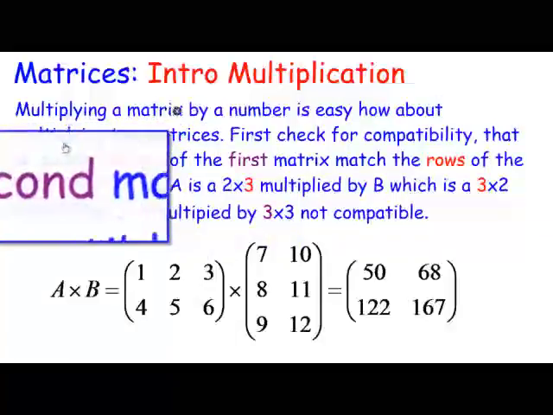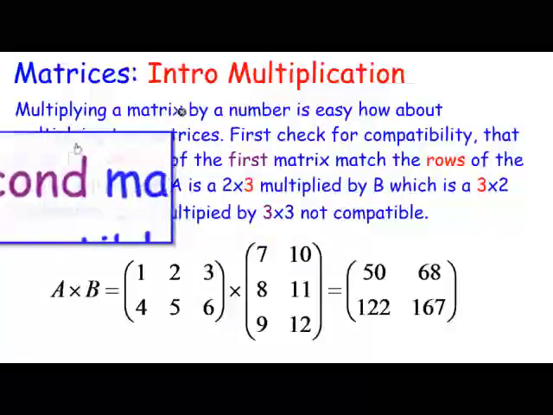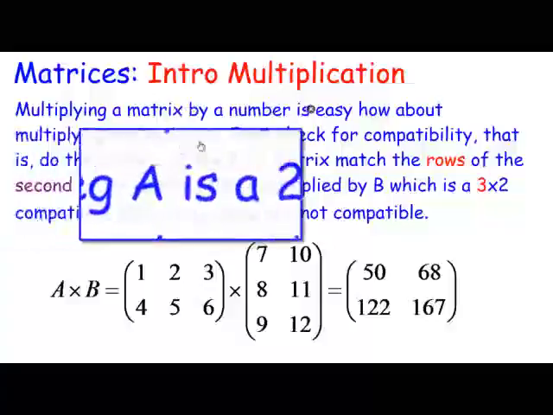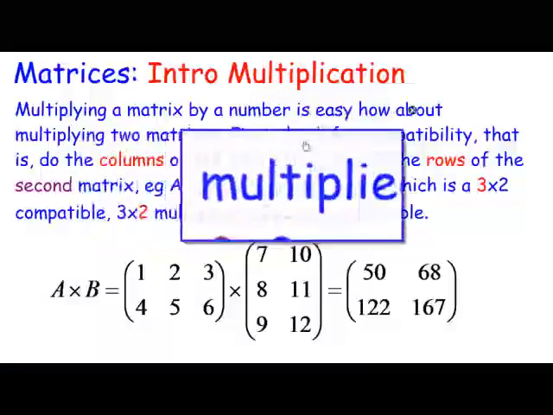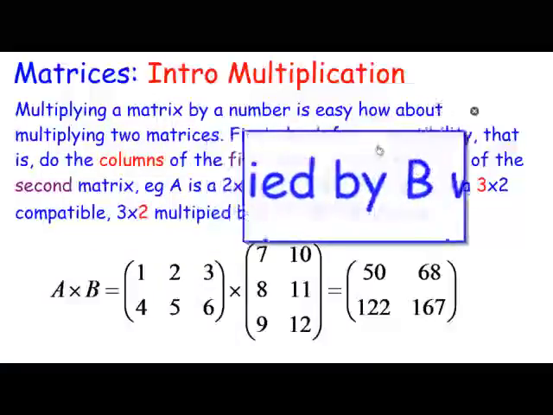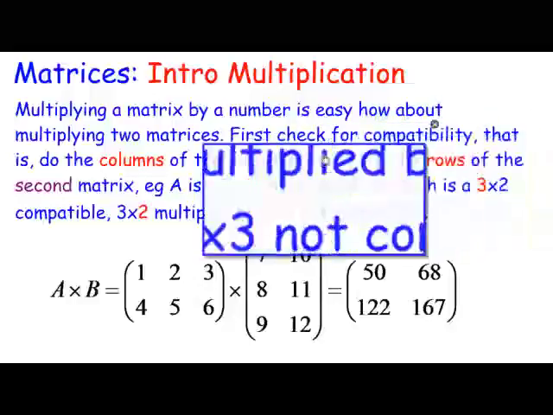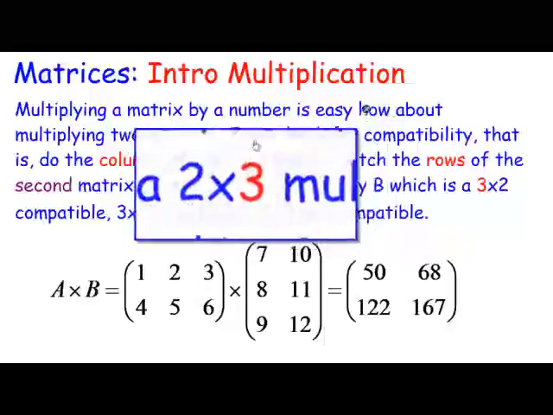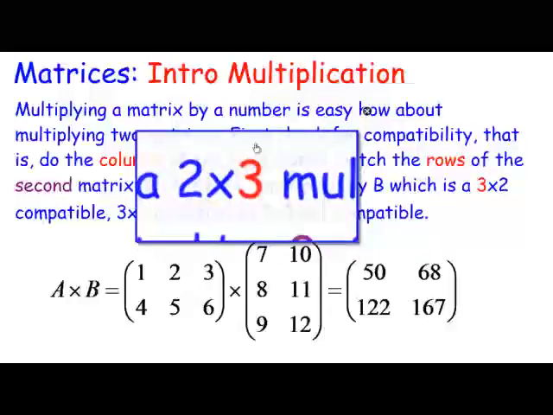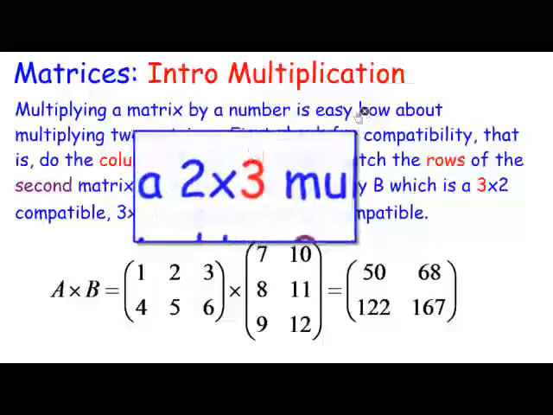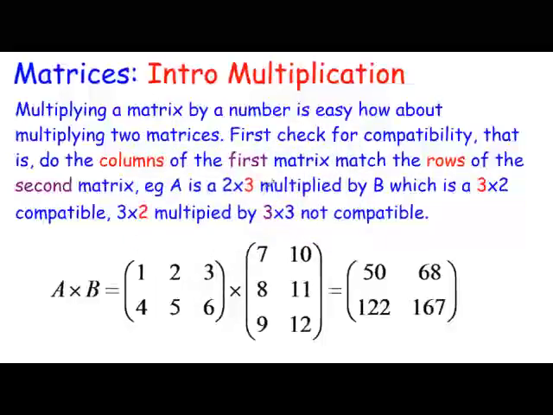For example, if A is a 2 by 3 and B is a 3 by 2, then the part highlighted in red is the part you have to look at, which is this one here.